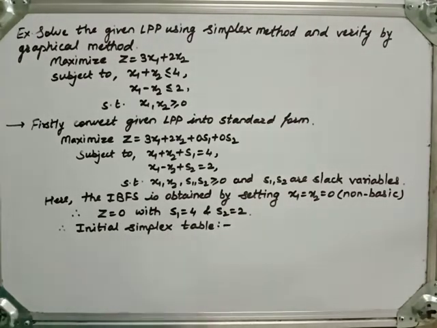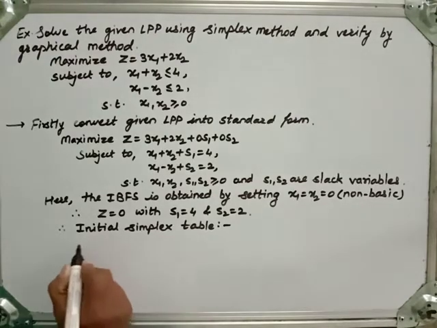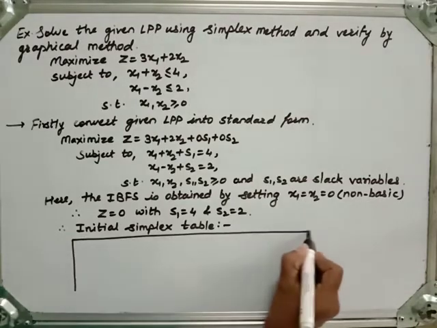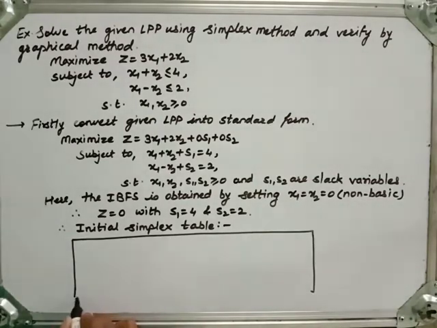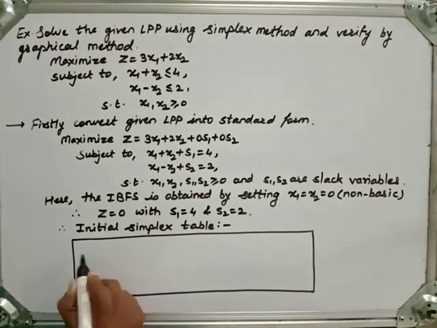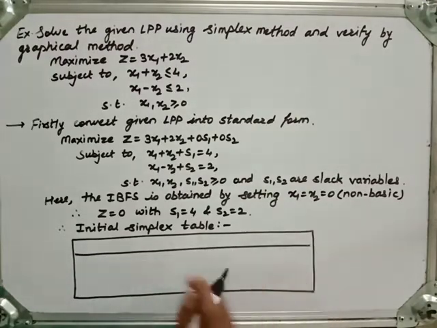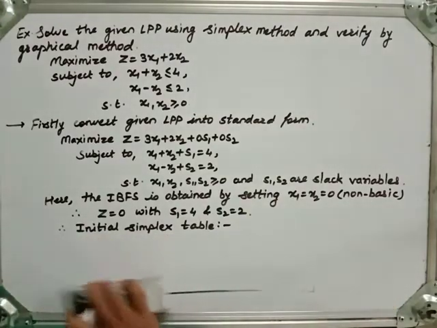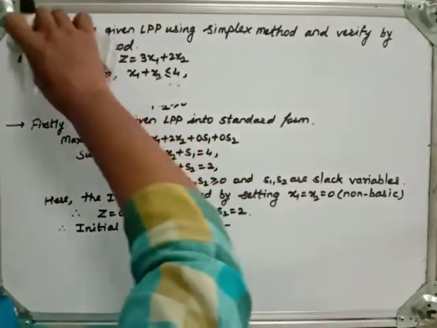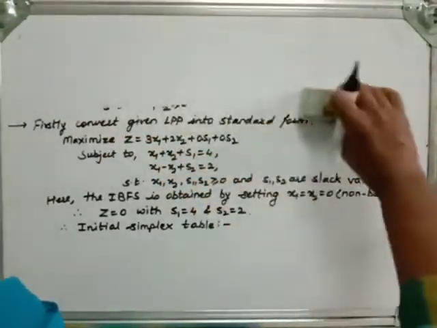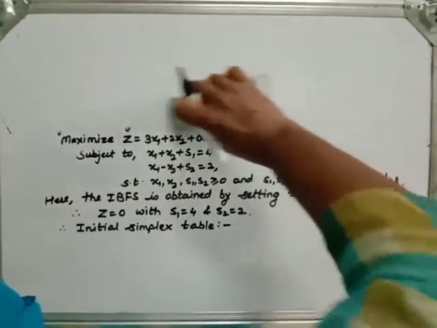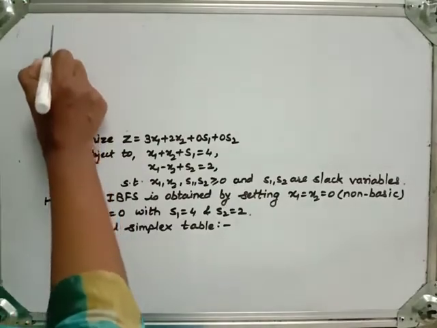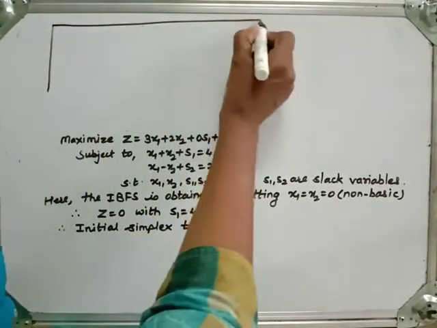As we have the initial basic feasible solution, we can easily write the initial simplex table. The initial simplex table is nothing but a summary of our initial basic feasible solution. Let me write that here. We need the standard form for writing the initial simplex table.